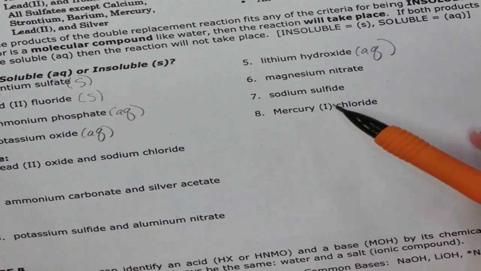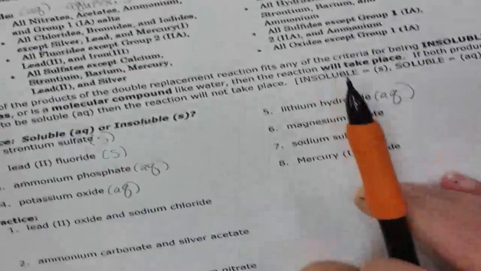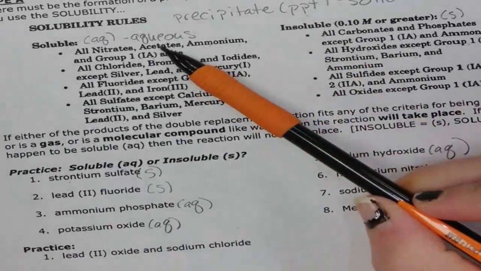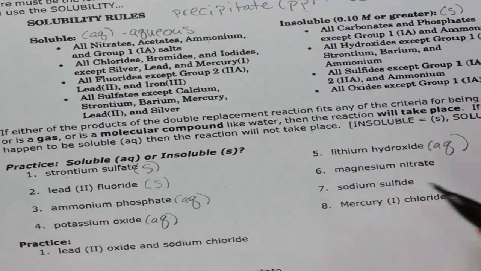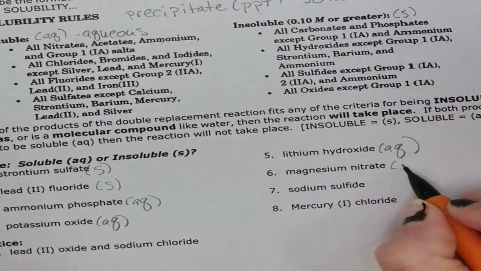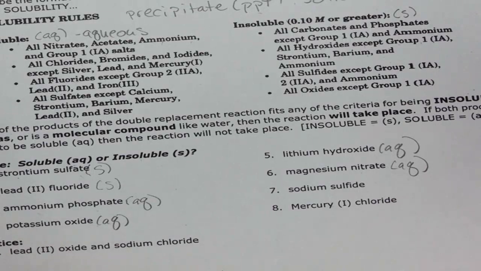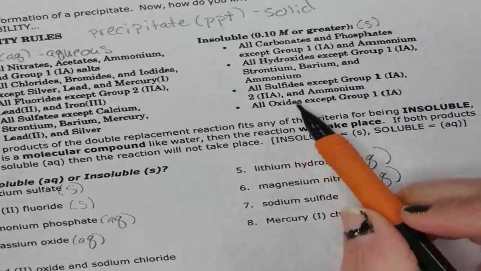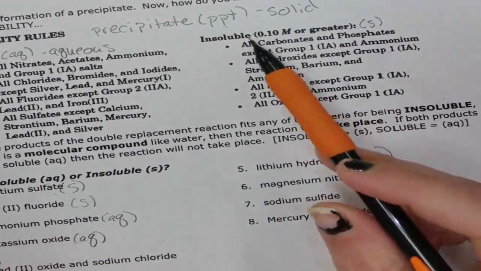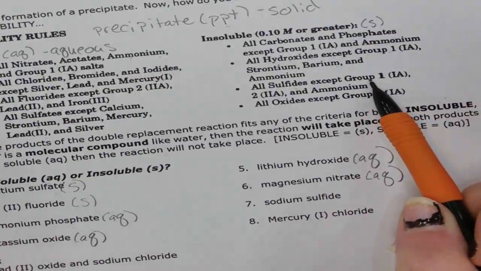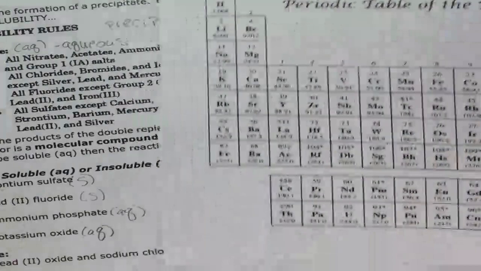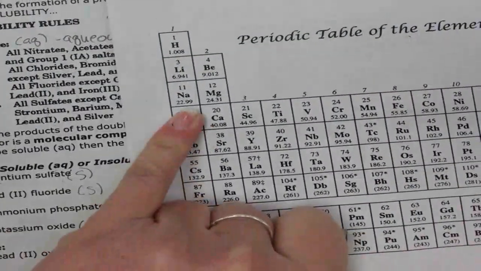Magnesium nitrate. Nitrate is part of our soluble group. So we would write AQ for aqueous. Sodium sulfide. Sulfides are insoluble except group 1A, and again, sodium is part of group 1A.